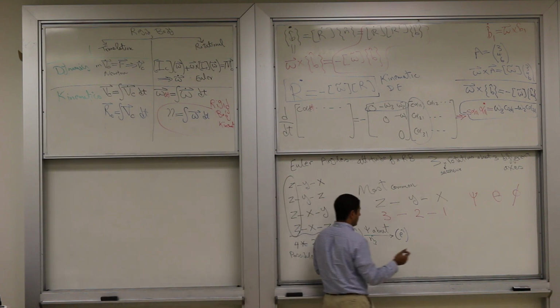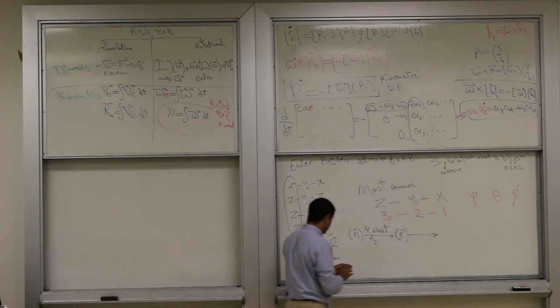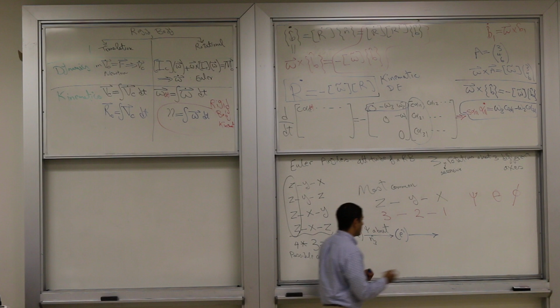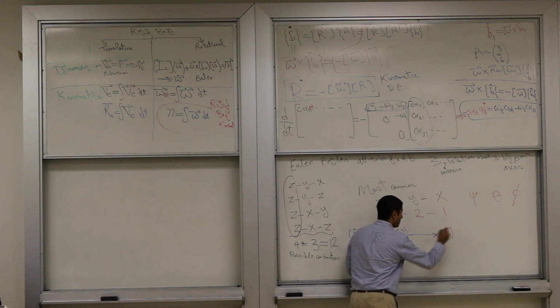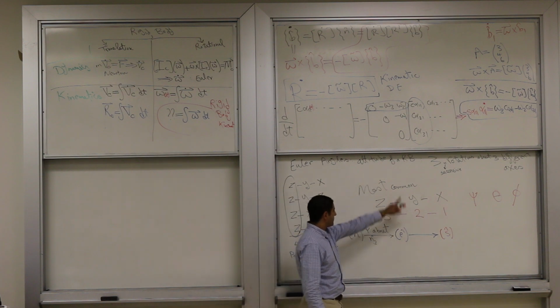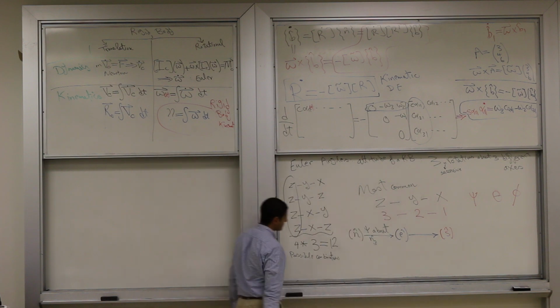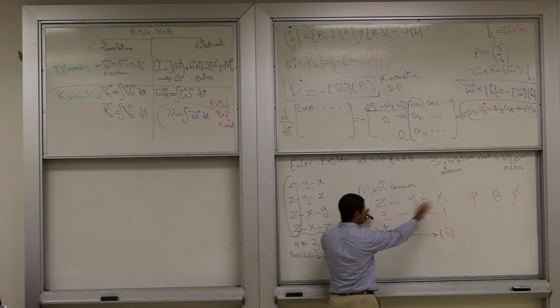Then from the E frame to another fictitious frame, let's call it the S frame. We decided that we're going to pursue the most common notation. You can do any of these, but let's do the most common one.